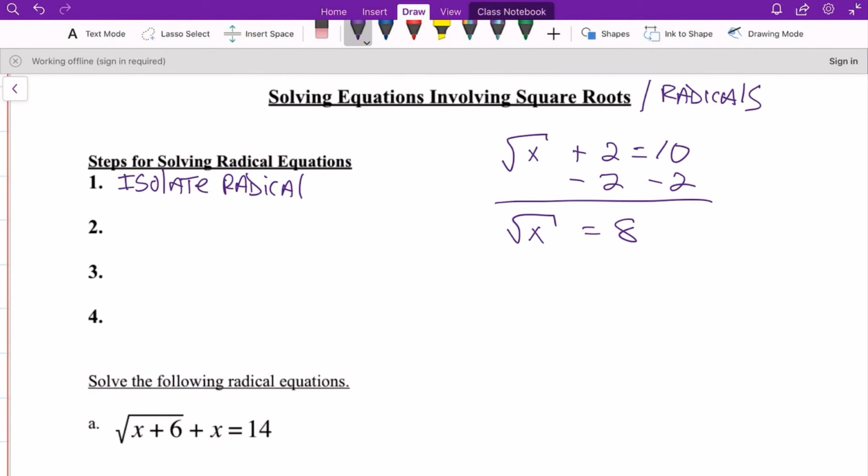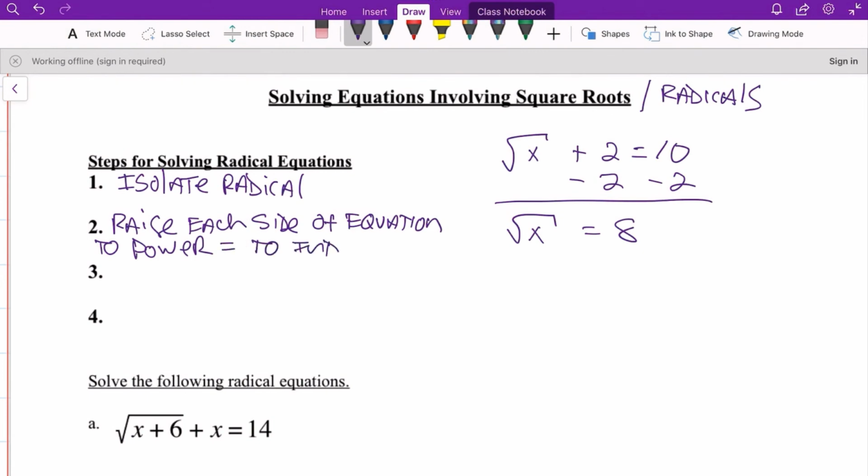So what you're going to do is raise each side of the equation to the power equal to the index of the radical.